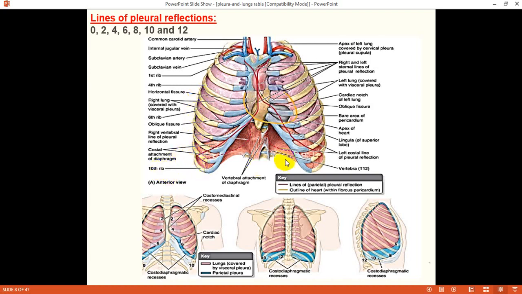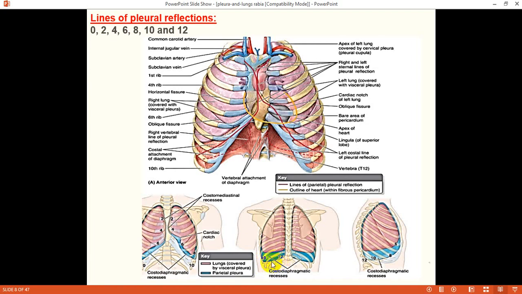Posteriorly we can observe the costo-diaphragmatic lines of reflection all around the inferior border. So posteriorly the lower extent of the line of reflection is the 12th rib.